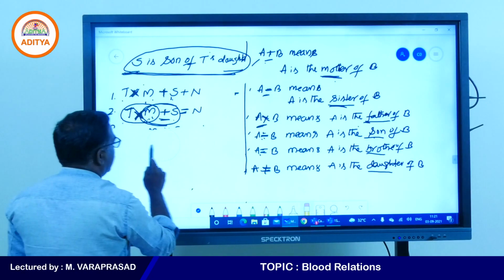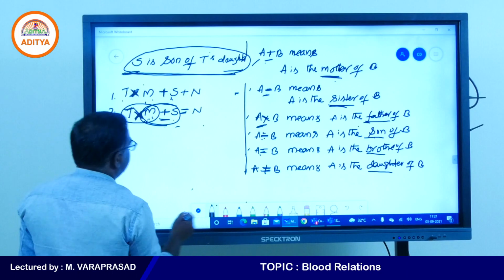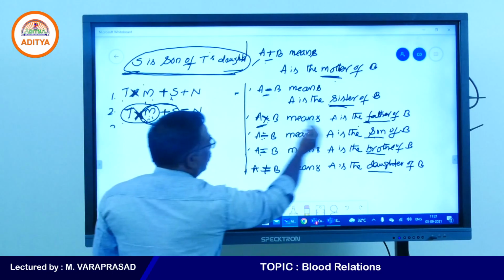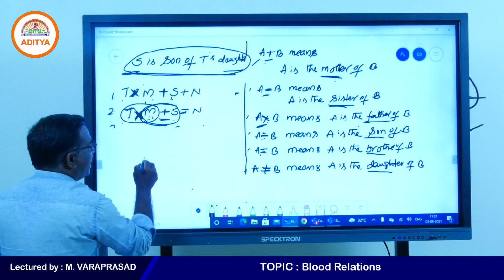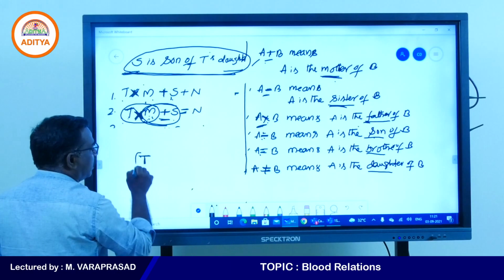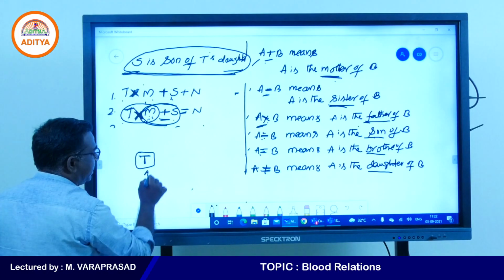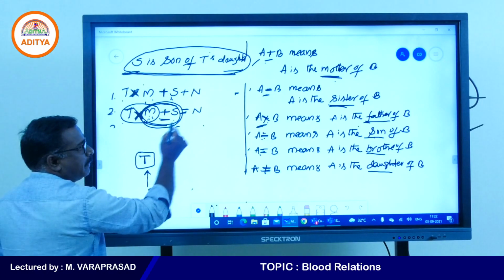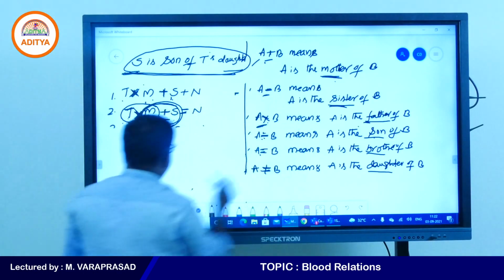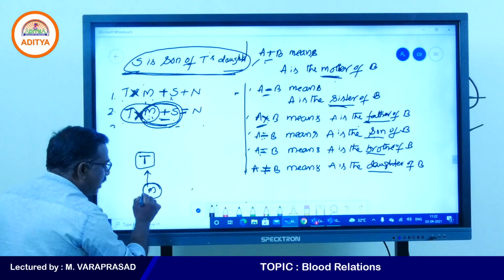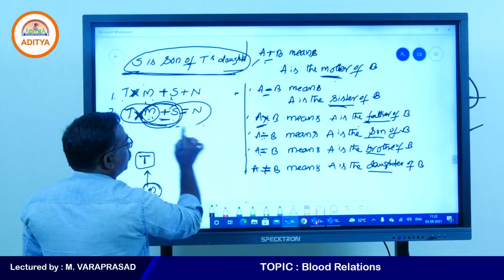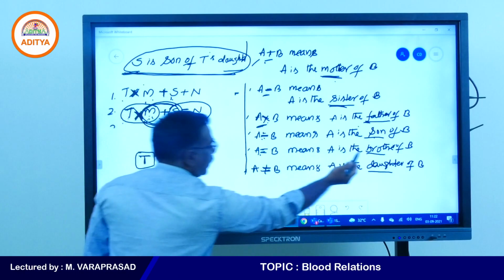I will write again the third and fourth options here. T into M, into means we got father, so T is father of M. Now the second one, M plus S, plus means mother, M is mother to S. Now S equal to N, equal to means brother.